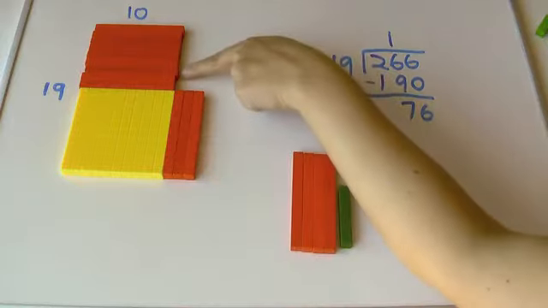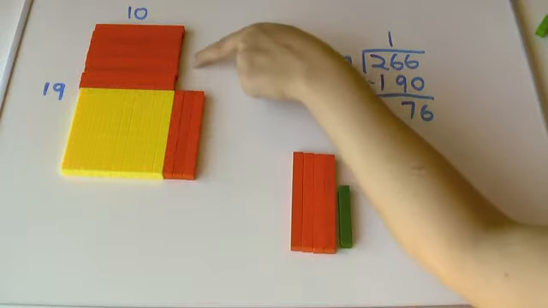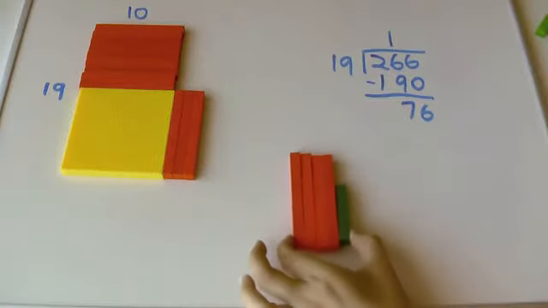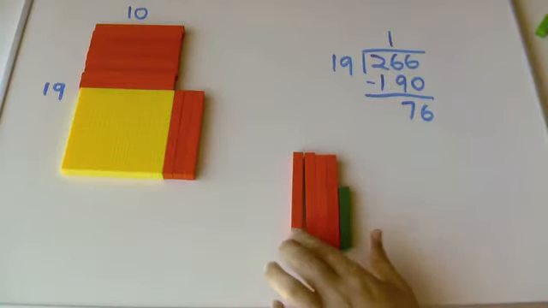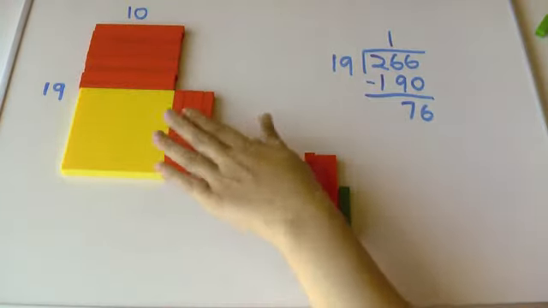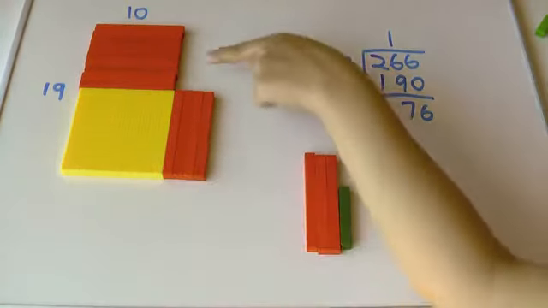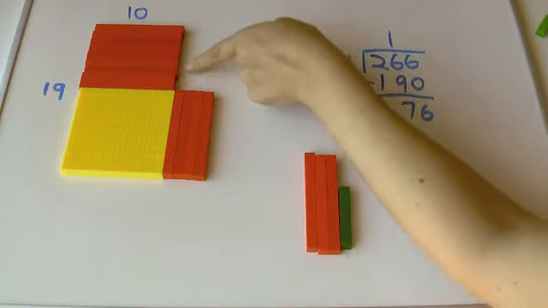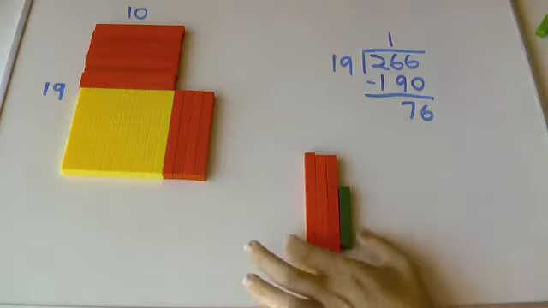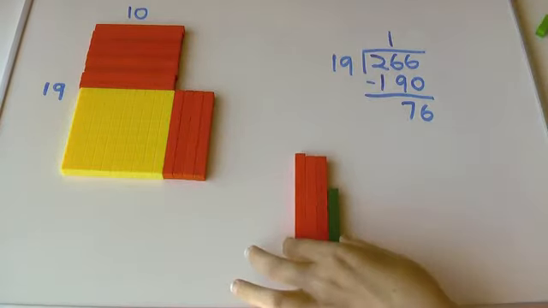That means to fill in my rectangle, I'm going to need 9 times 3, which is 27. Do I have 27 left here? No, so that's not going to work. So we'll try going over 4. If I go over 4 10s, to fill in my rectangle, I need 9 times 4, which is 36. Do I have 36? Oh, look at that, I do have 36.